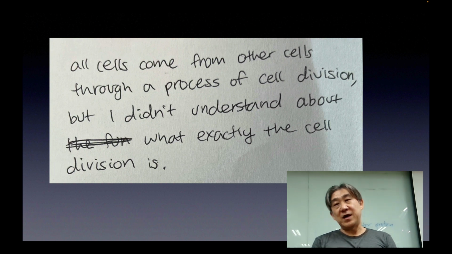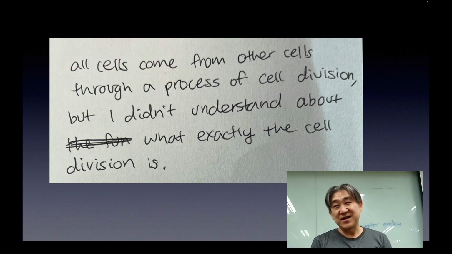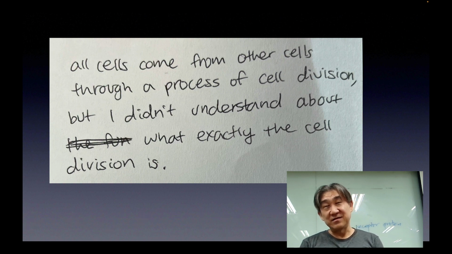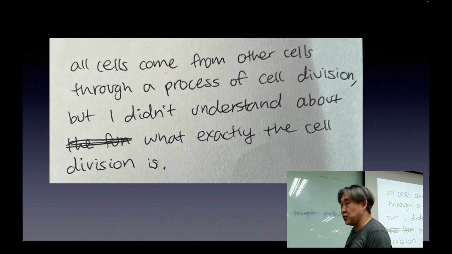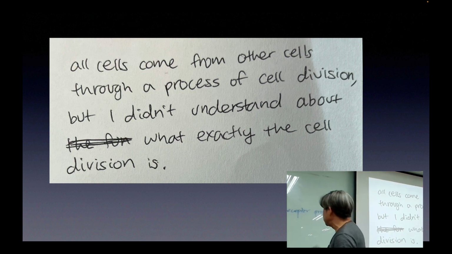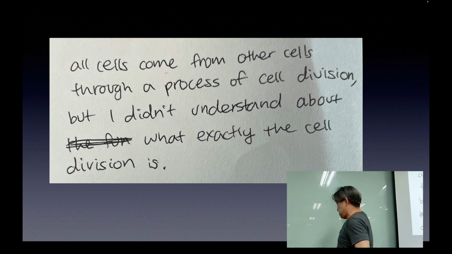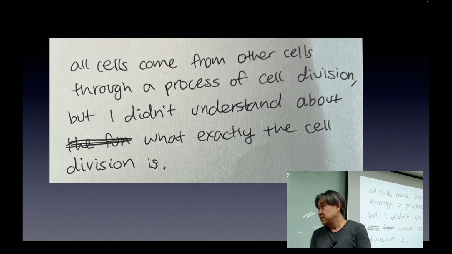All cells come from other cells through a process of cell division, but I didn't understand exactly what cell division is. Okay? You don't have to have any frustration with that. Good question. If you are not comfortable with cell division, so what?